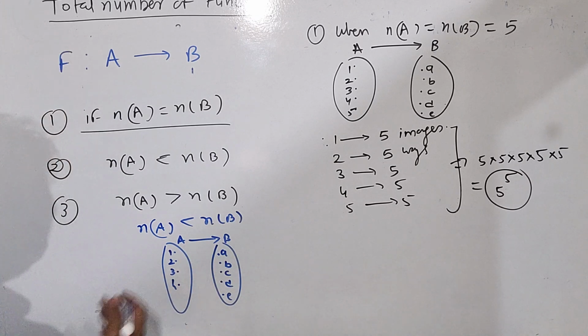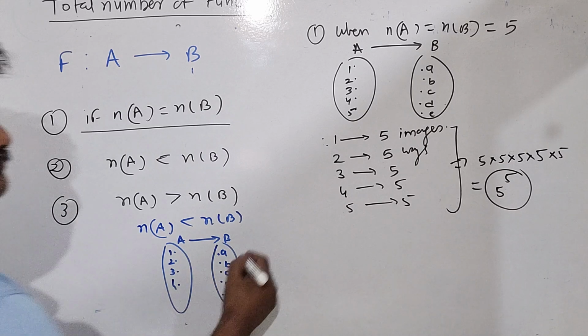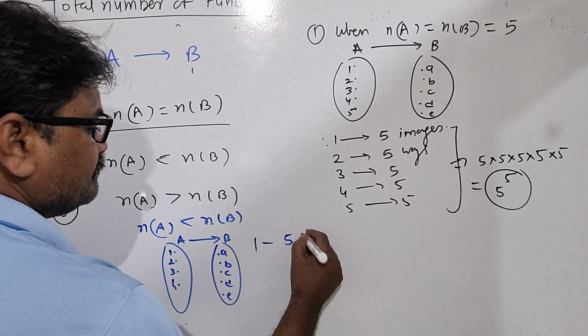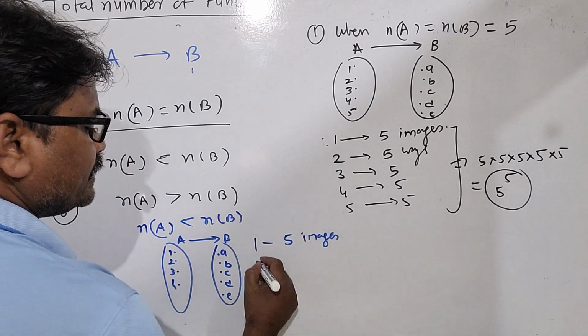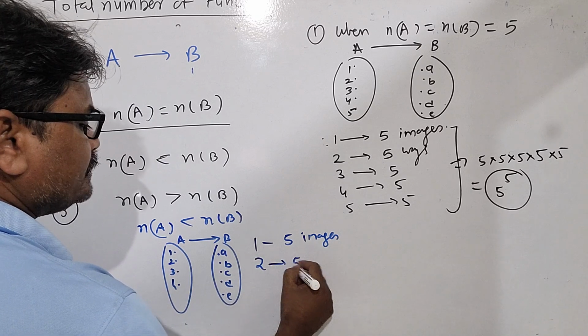So now how many functions can we define here? So 1 can take 5 images. Similarly, 2 can take 5 images.